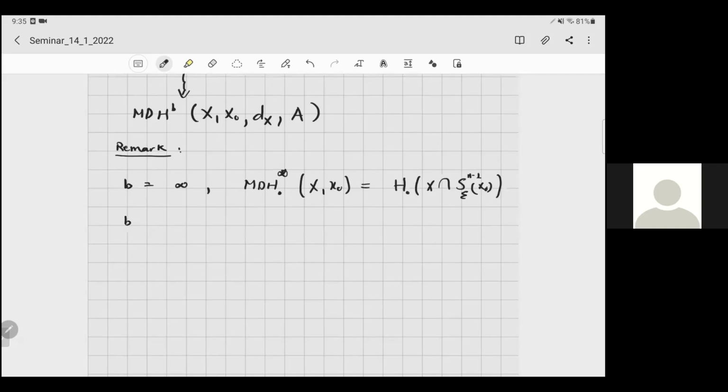And if b equals 1, then the MD homology of 1 of x0 actually captures the singular homology of the tangent cone C x0.